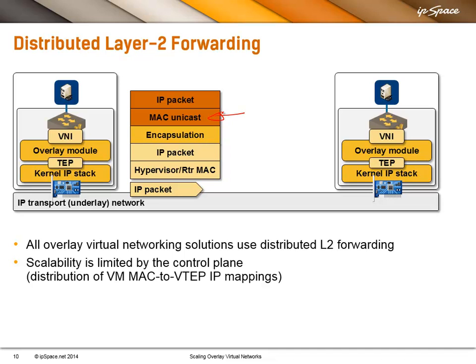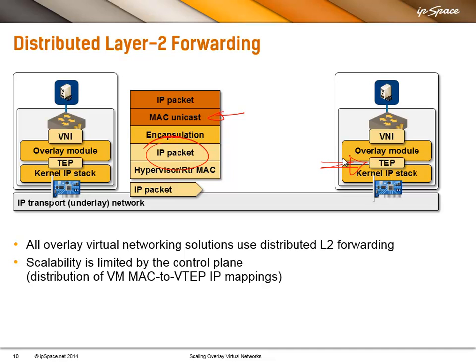That gets encapsulated into an IP packet, and here the crucial question is, how do we get the destination hypervisor's IP address in that IP packet? And then it's sent over to the other hypervisor. I haven't seen any implementation of overlay virtual networking that wouldn't have distributed layer 2 forwarding.